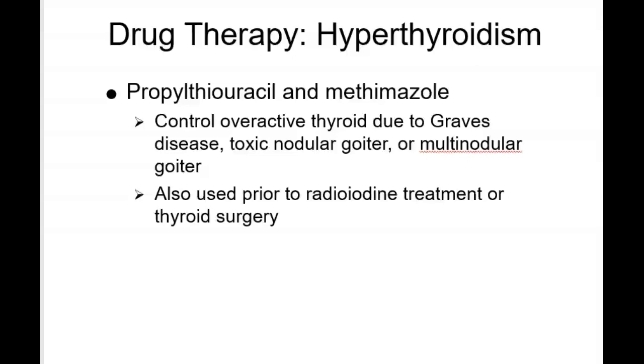Methimazole does not inhibit peripheral conversion of T4 to T3 as does PTU. However, it's 10 times more potent and has a longer half-life than PTU. It is the preferred antithyroid because it has less severe side effects.